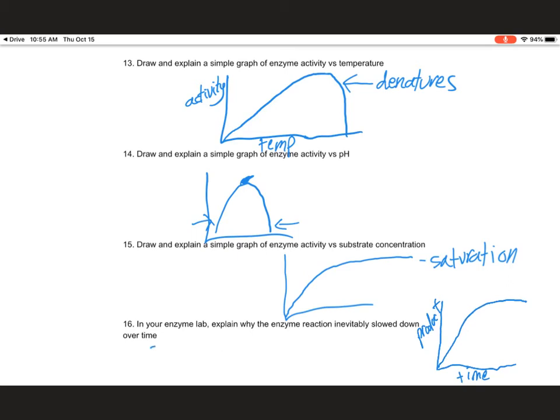So what's happening here is the enzyme is running out of substrate. In the lab, there was only so much hydrogen peroxide in there for the enzyme to catalyze. So as the catalase breaks down the hydrogen peroxide, eventually it starts running out of hydrogen peroxide. And so it can't keep producing the product, the oxygen, at the same rate it was before.